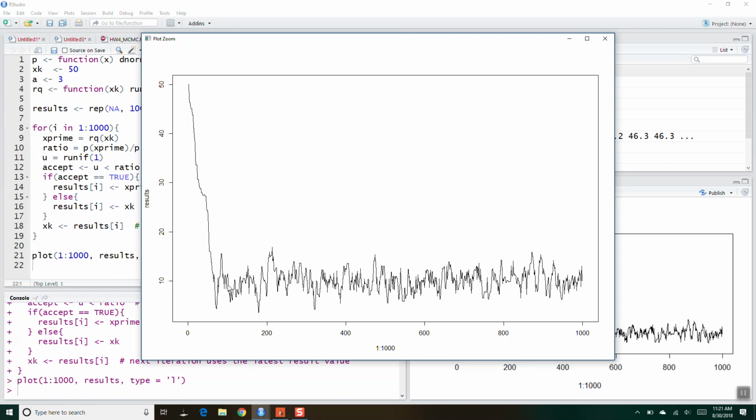We're starting off in a terrible location. And the Metropolis algorithm, these Markov chains, will at least get you moving in the right direction until you're in this desired region. And then once you're in the desired region, you will bounce around and stay within the desired region.